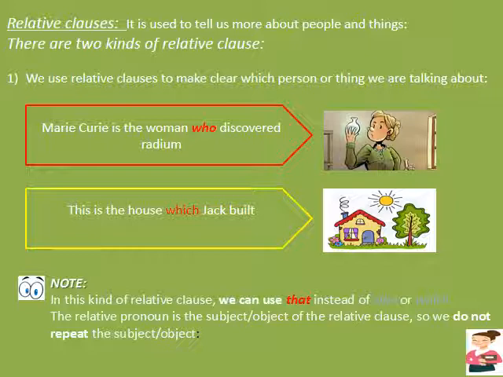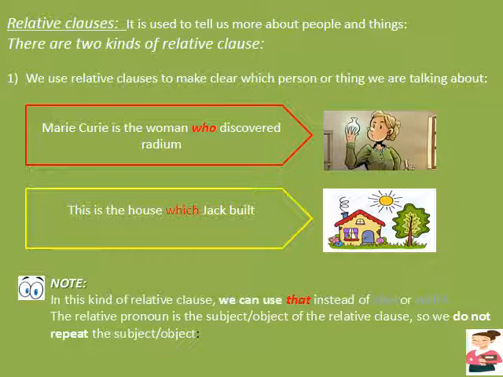In this case, the relative pronoun is who. The second sentence tells us, this is the house which Jack built. The relative pronoun used in these sentences is which, but you can change who or which for that.